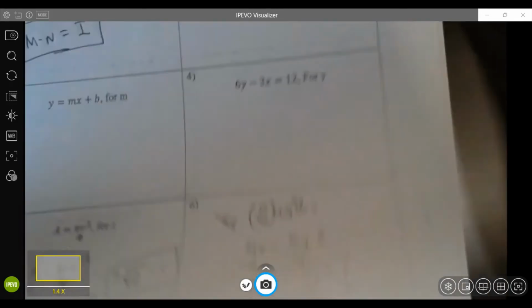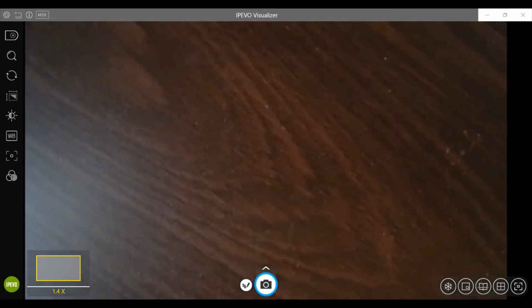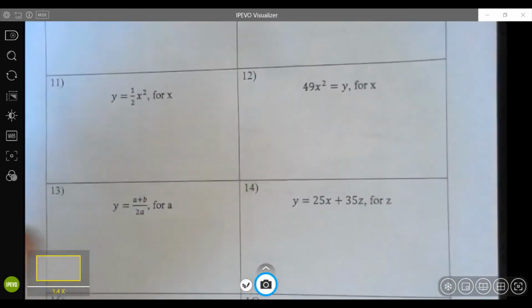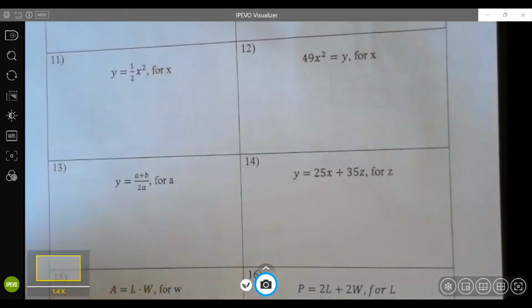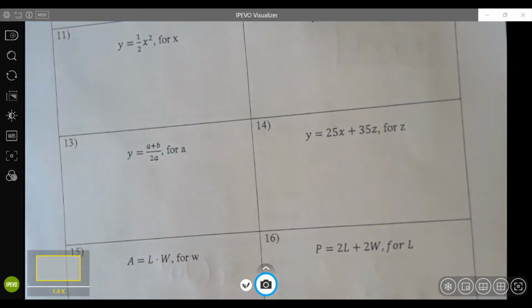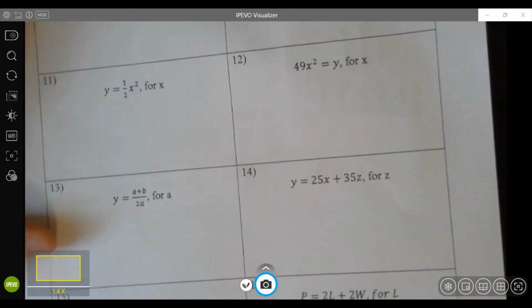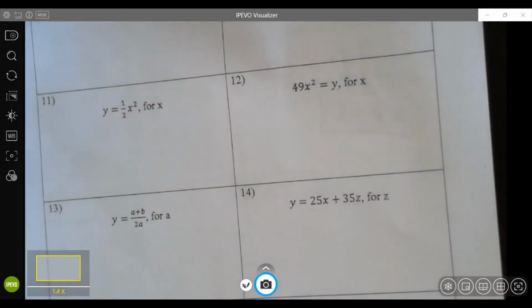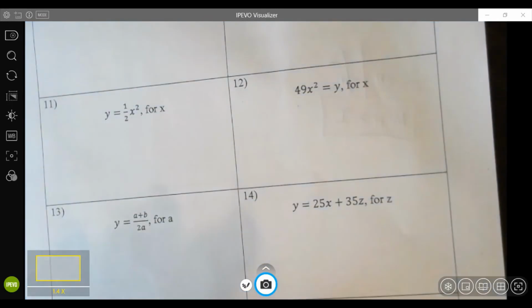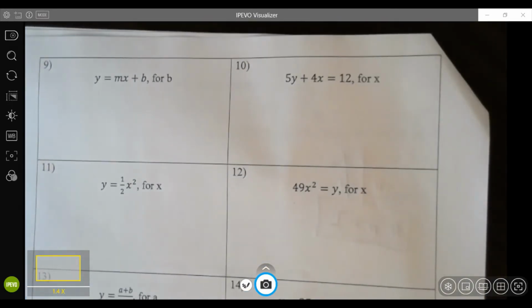Let's look at one on the back. Let's go ahead and do number 10. So 5y plus 4x equals 12.